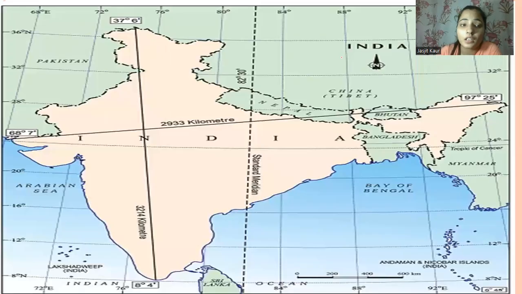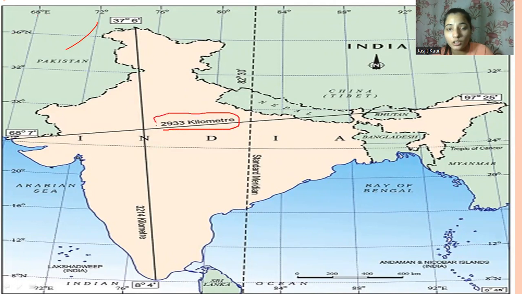So if we talk about the latitudinal and longitudinal extent of India, from Arunachal Pradesh to Gujarat, we have 2933 kilometers of extent.